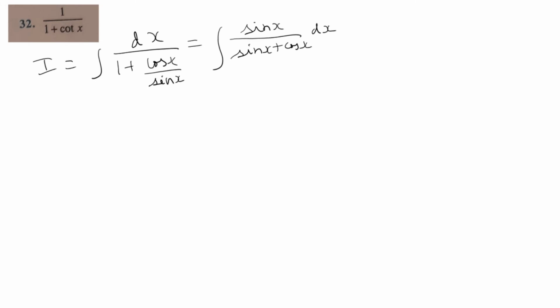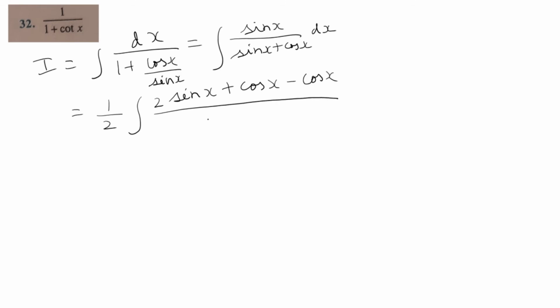So here it is difficult to do substitution directly, so we have to follow certain steps. So I am writing this as half of integral 2 sin x, and I am adding and subtracting cos x, divided by sin x plus cos x dx.